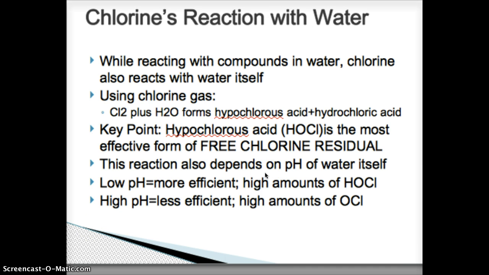So when chlorine enters water, it reacts with the compounds found in the water, and it will react with the organic compounds to form trihalomethanes. It will also react with reducing agents such as hydrogen sulfide, ferrous ions, manganese ions, and nitrite ions.